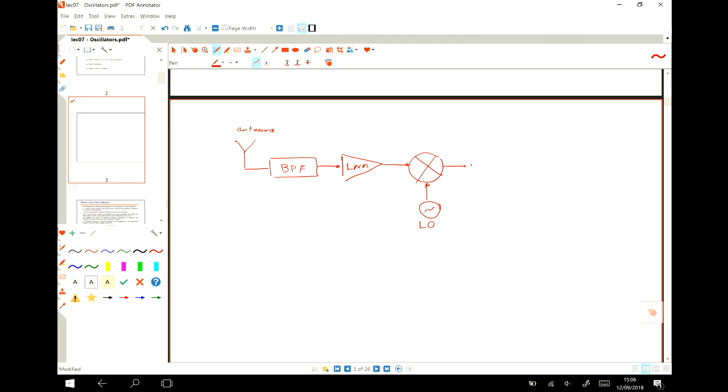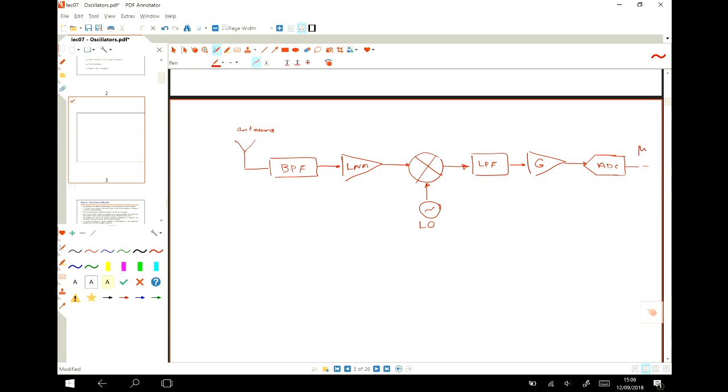After that, maybe we have another band pass or low pass filter, then a low frequency amplifier, and then the signal goes to the ADC.